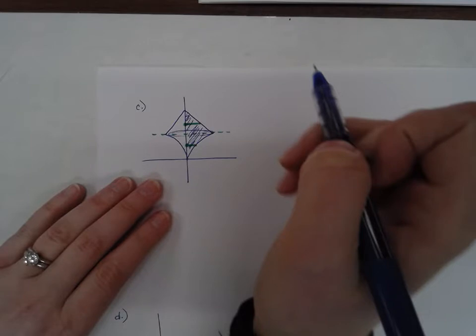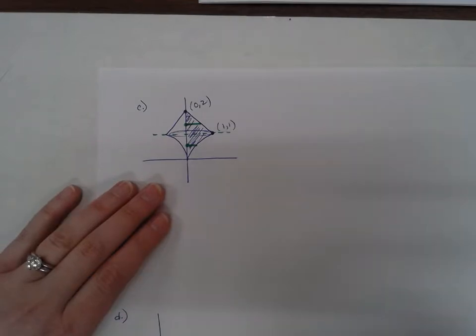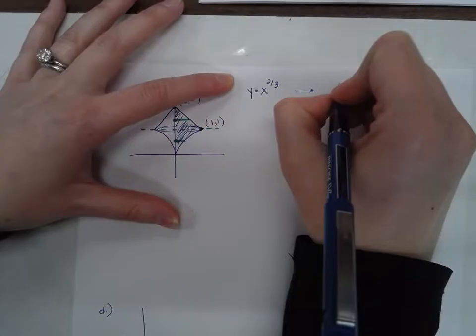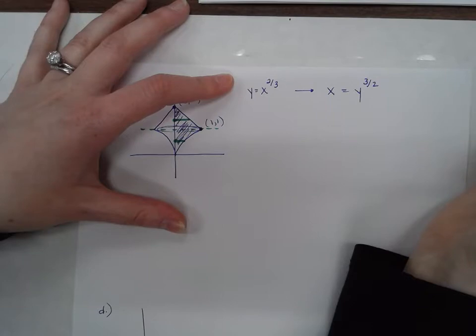Remember, this point of intersection right here is (1, 1). This point up here is (0, 2). That's from when we first graphed this. Now, because I'm doing right minus left, all of my equations have to be written in terms of y. So we have y equals x to the 2/3, which means x is equal to y to the 3/2. x equals 0.